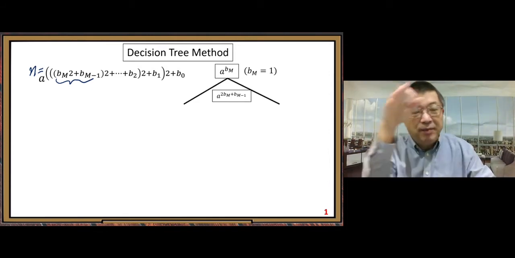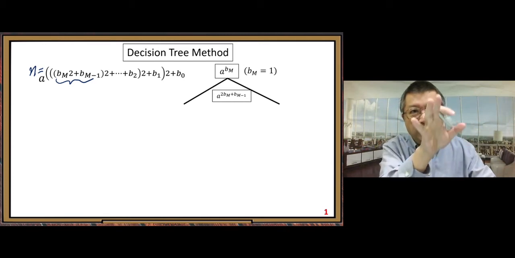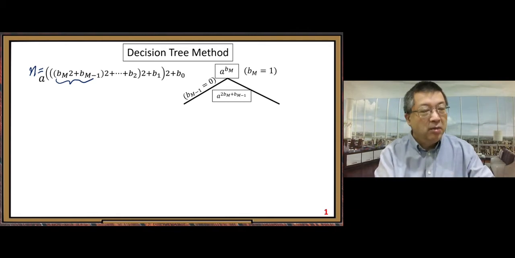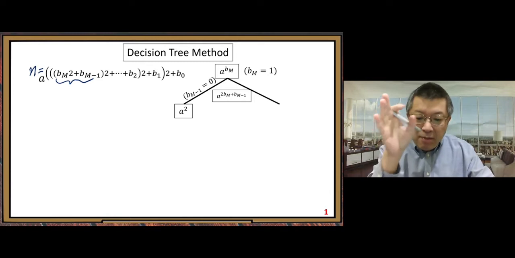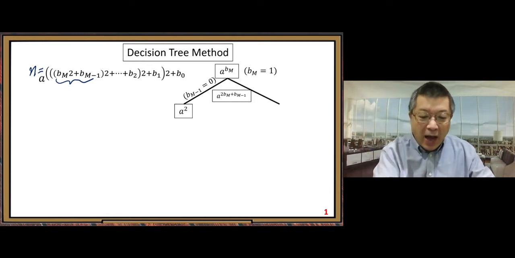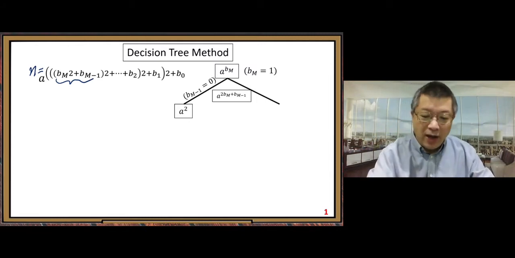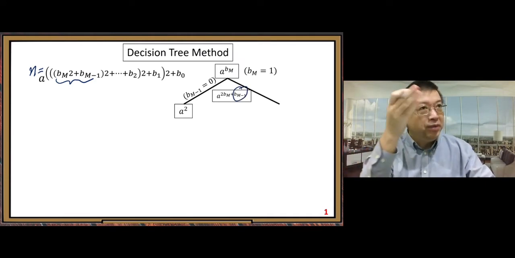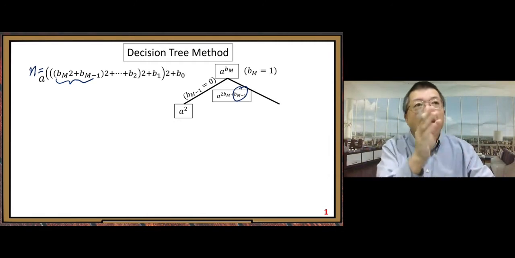There are 2 possibilities, 2 outcomes for our decision tree, 2 branches. The first one, b_(n-1) equals 0. Second one, b_(n-1) equals 1. For the 0 case, we just need to evaluate a squared, because it is 2 b_n, that's just a squared, a square operation.